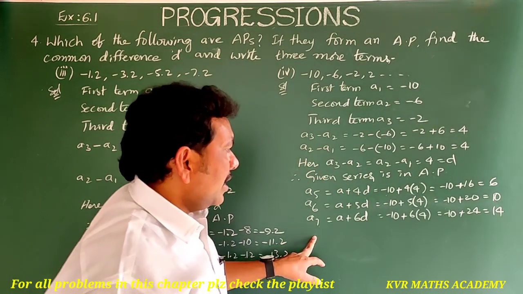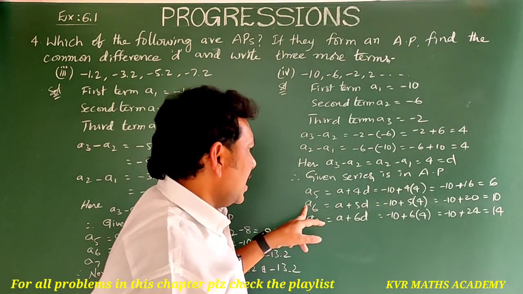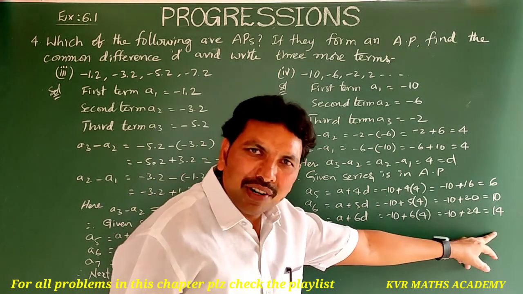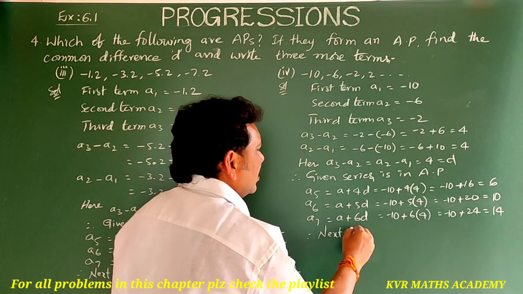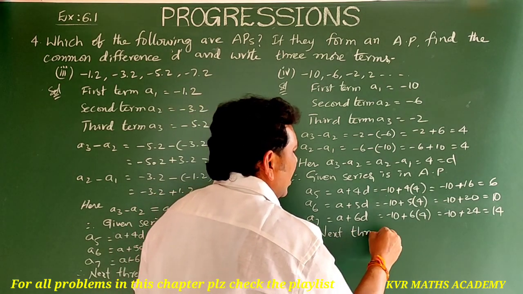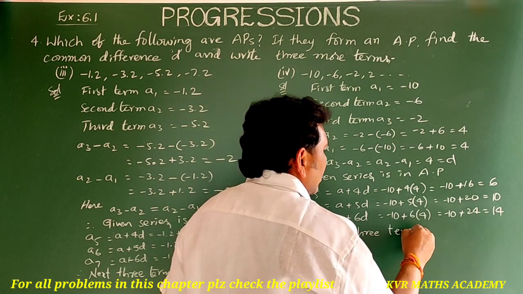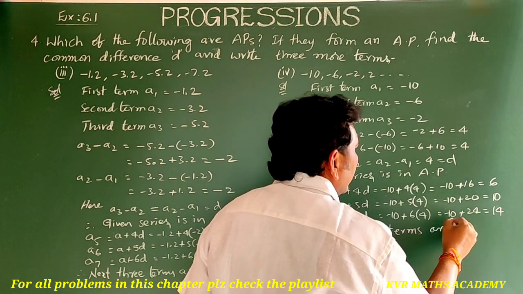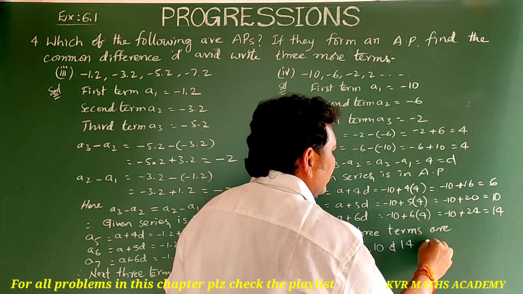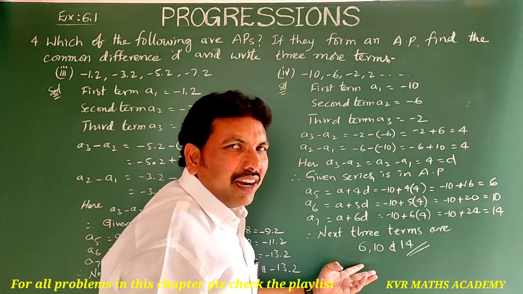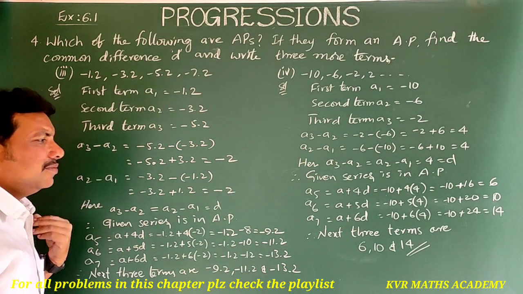Yes. See, next 3 terms are a5 is 6, a6 is 10 and a7 is 40. Therefore, next 3 terms are 6, 10 and 40. Have you understood clearly? Yes, note it down.